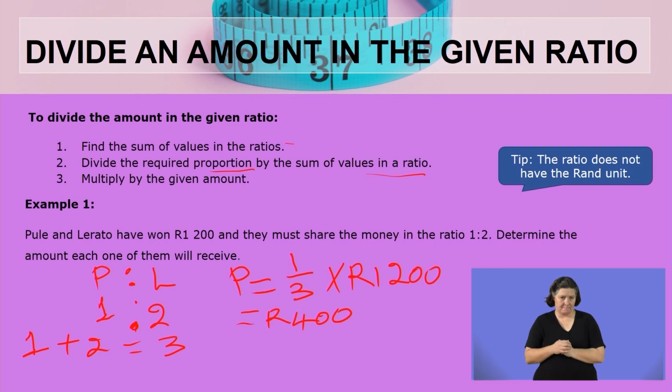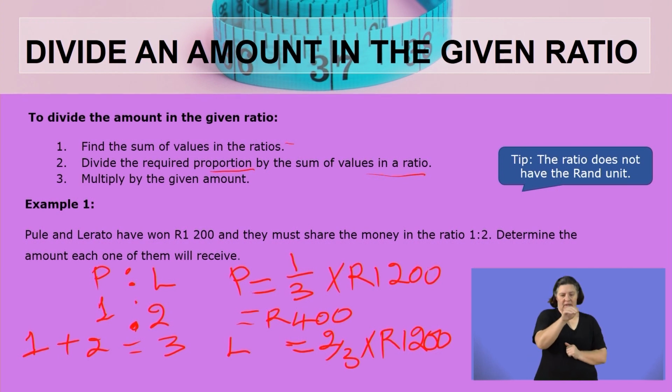And let's check how much Lerato will get now. Because her proportion is 2, the amount that Lerato will get is 2 divided by 3 multiplied by 1,200, which is 800.